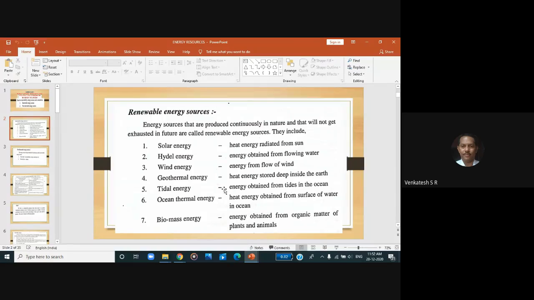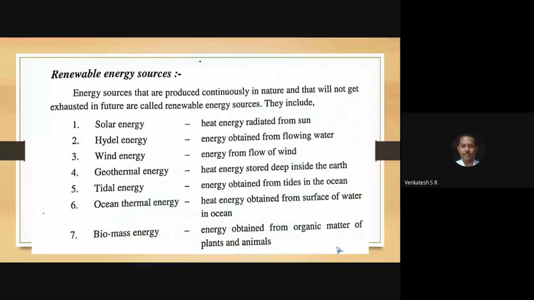All of you listen carefully. Write your name in the chat box and mention your branch. Like mechanical engineering, mention ME.